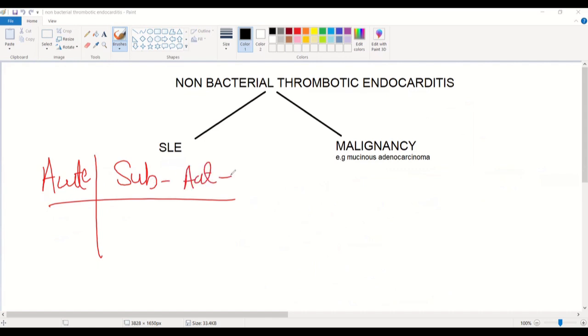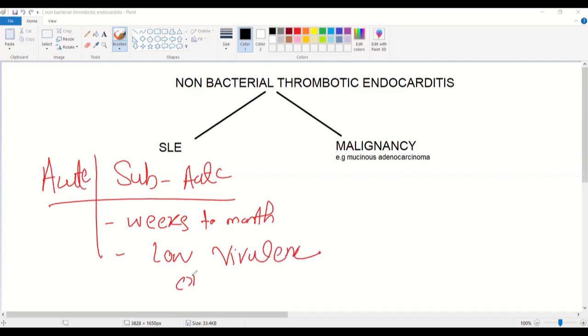Subacute is weeks to months, due to a low virulence organism. And acute is days to weeks, due to a high virulence organism.